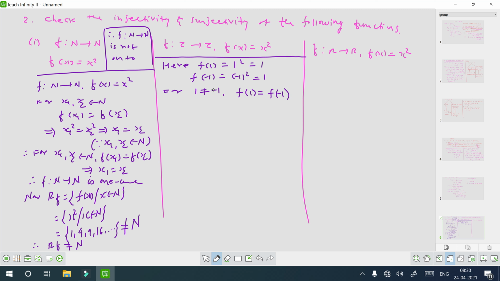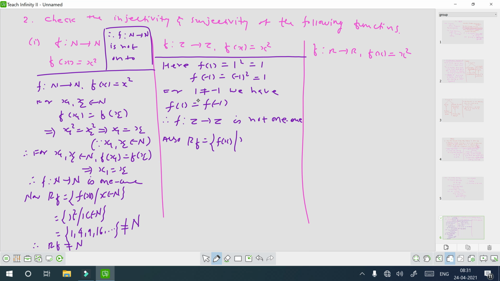So distinct elements of the domain have the same image, and therefore f from Z to Z is not 1-1. Clear? Also find the range of f.